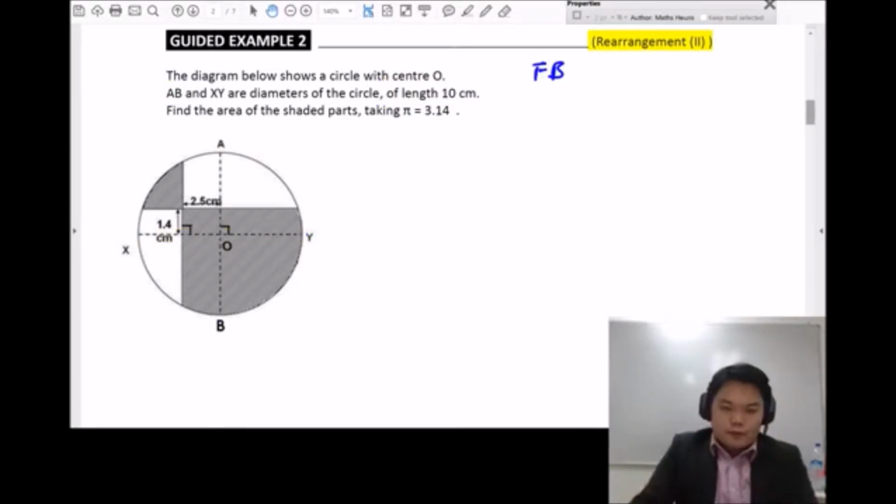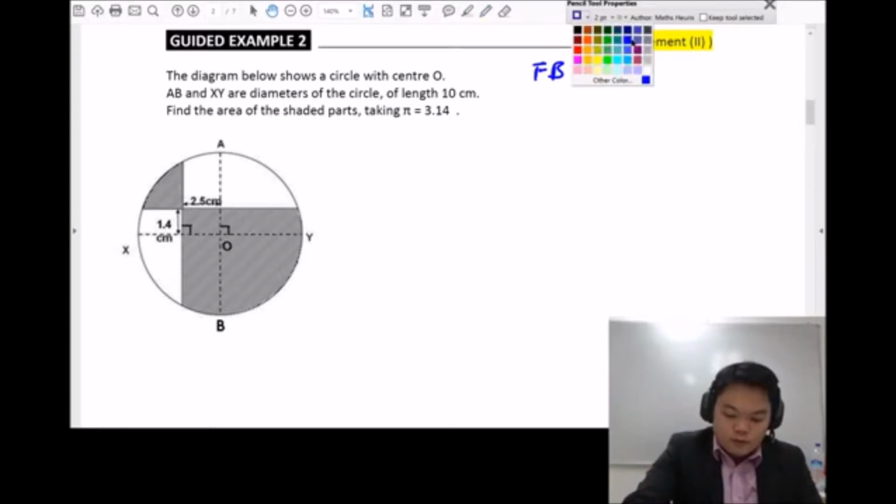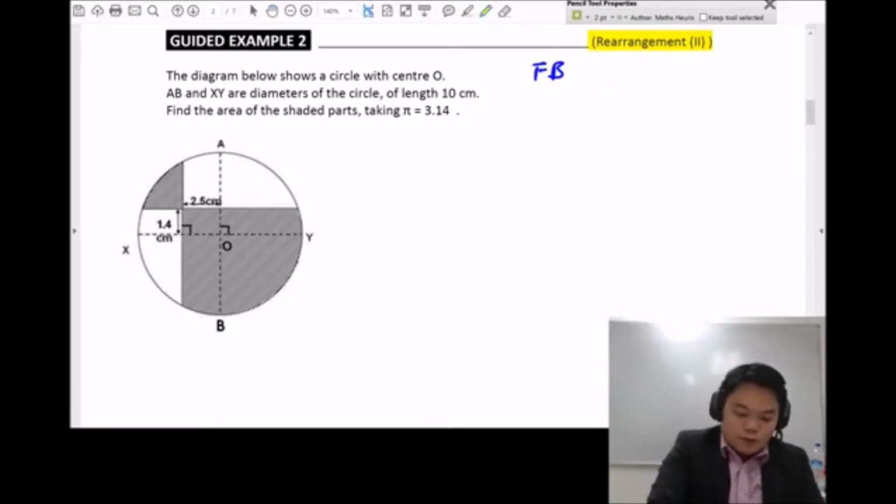Now, coming back to what I elaborated in example 1, you want to rearrange the shapes in a way that you can calculate. Because when you first look at this problem, your first chain of thought would be to find out what this area is, and this area.